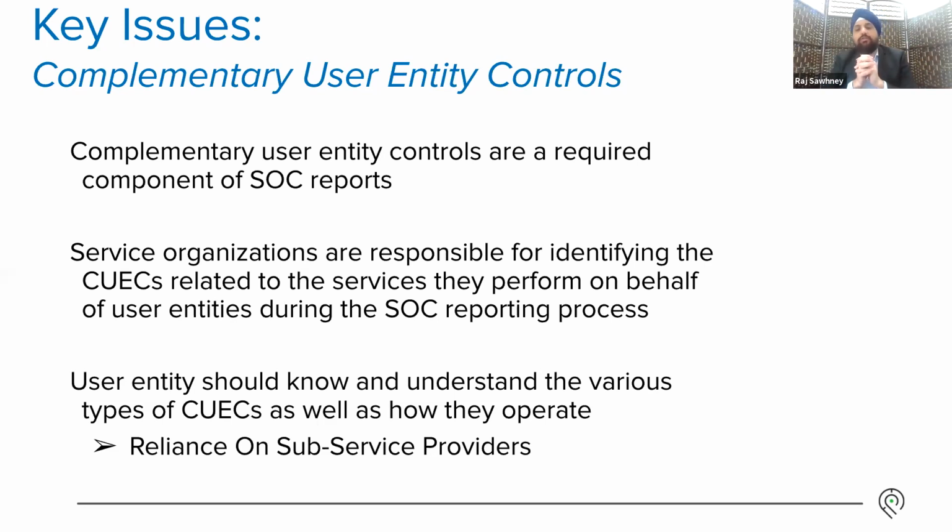What it will show is the CUECs that are required for each area. For example, for logical access, what do you as a user entity need to do? For computer operations, what do you as a user entity need to do? Similarly for change management, and so on and so forth. Every SOC report is going to be slightly different, but I provided some examples so you can get a flavor of what it looks like.